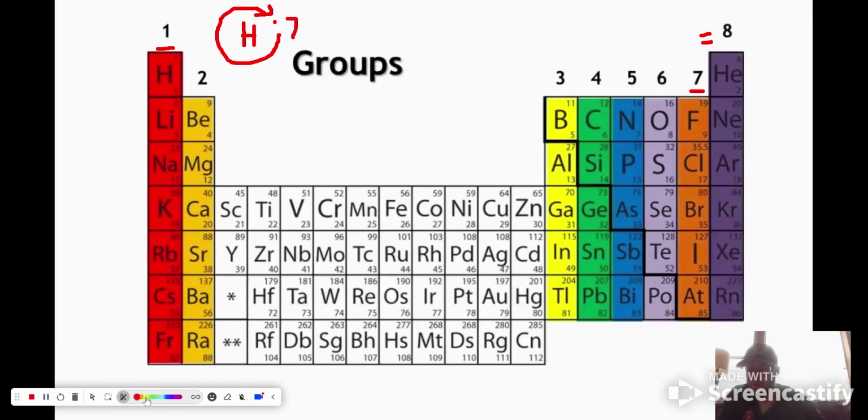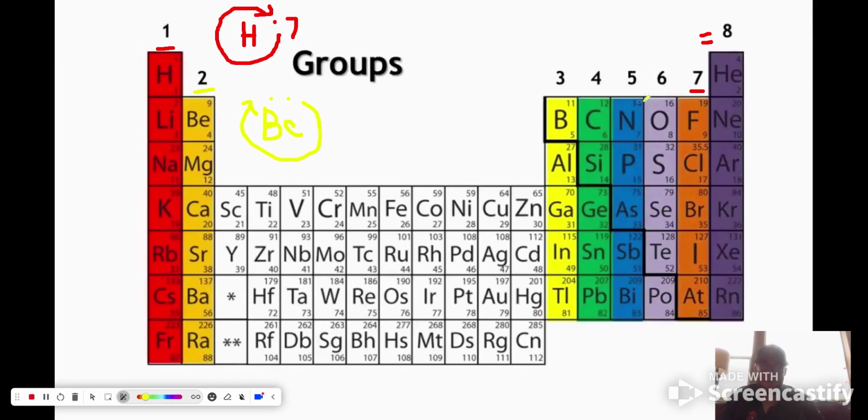Now let's go on. I'm going to change the color, make it a little bit easier. All right, so we got group 2. Let's say I've got beryllium. Sorry, this is a bright yellow. Beryllium is in group 2, which means it has 2 dots. That means it's missing 6 to be full.